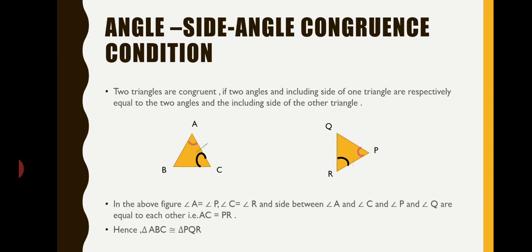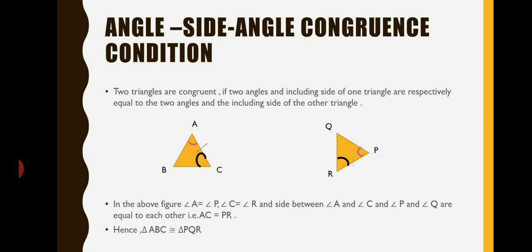The next condition is angle side angle. Now I think it's clear. Angle side angle means two angles should be equal and the side between those two angles should be the same. So two triangles are congruent if two angles and the included side of one triangle are respectively equal to two angles and the included side of the other triangle.